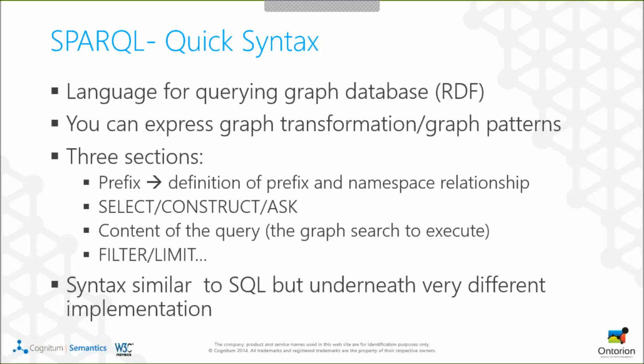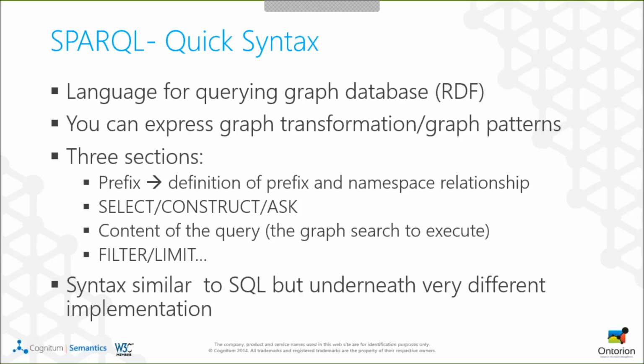You can express a lot of things in SPARQL, and queries can become very quickly very complex. And in general, what you do in SPARQL is that you express graph transformations or graph patterns. So you can express things like that you want this node to be connected to another node, or things like this, or graph transformations.